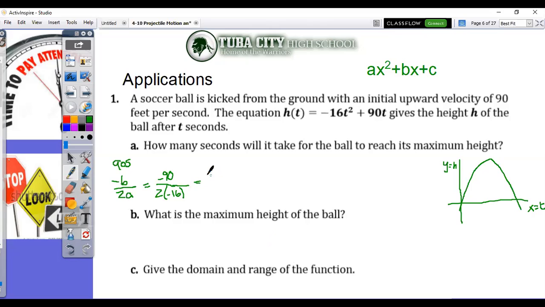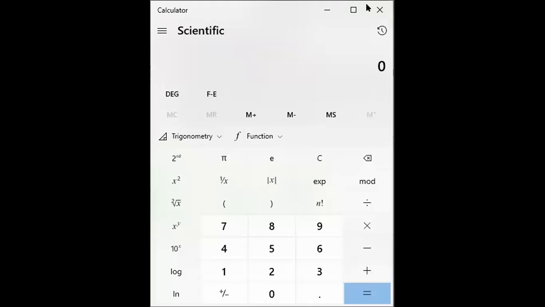All right, so that would be negative 90 over negative 32. Now in this lesson, I'm going to be using a lot of calculator because we are working with a lot of very precise decimals. So I'm going to go ahead and move over to the calculator, and remember that it's negative 90 divided by negative 32. So a negative divided by a negative is going to be positive.